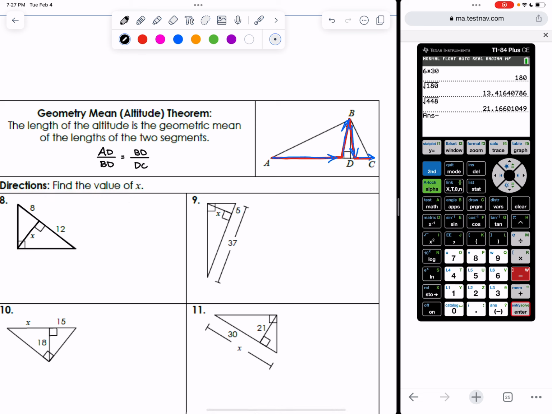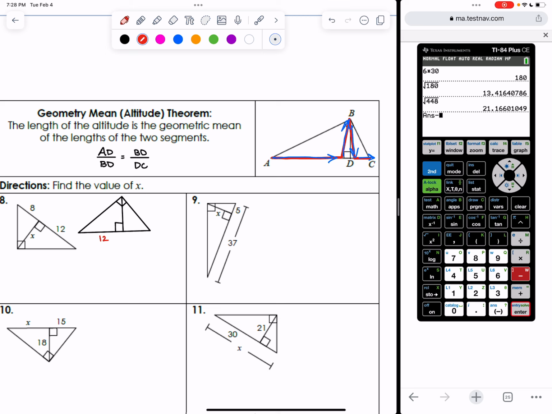So if you look at problem number 8, it isn't as nicely set up as the one that we just did. But if I take this shape and simply rotate it, then I can see it as my shape.